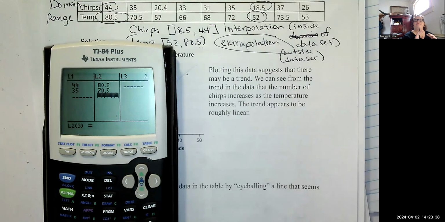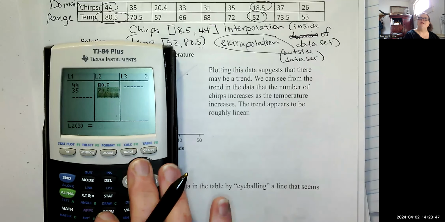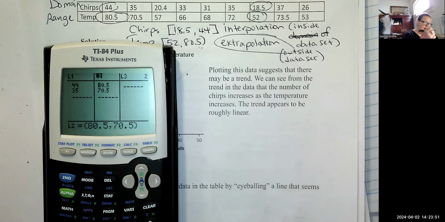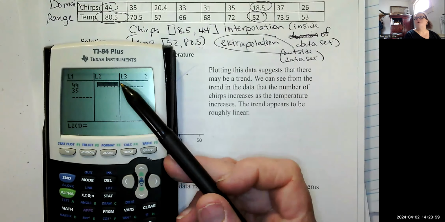I'm going to show you one more thing. If you've got data that goes past where the chirps and the temperature goes, and you want to clear your data, do not hit delete for these, but you can just scroll up and hit clear and enter, and it will clear it for you. If you hit delete, you're going to get rid of your L2. You don't want to do that.